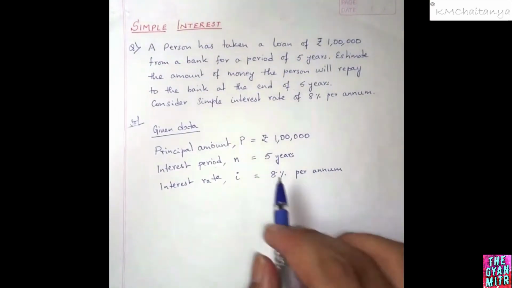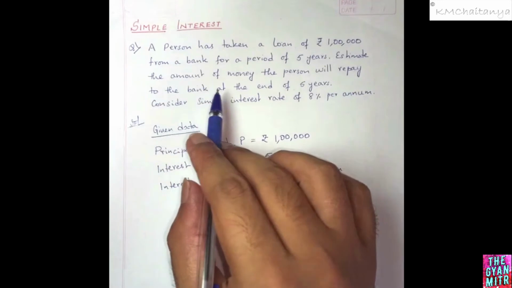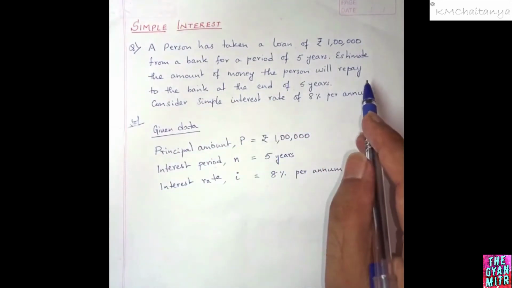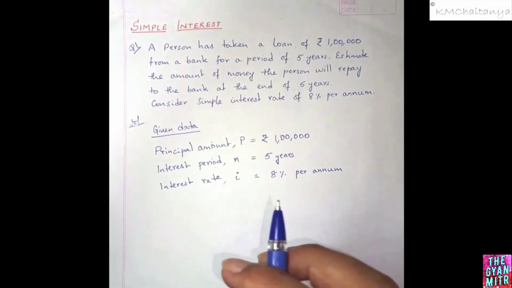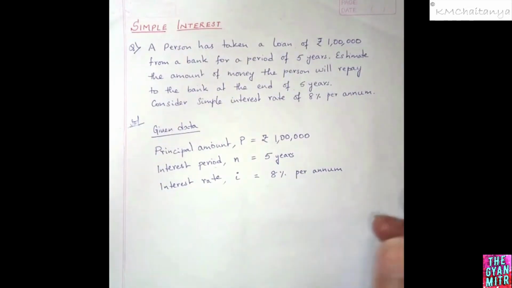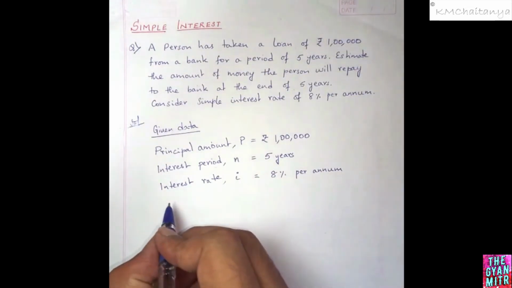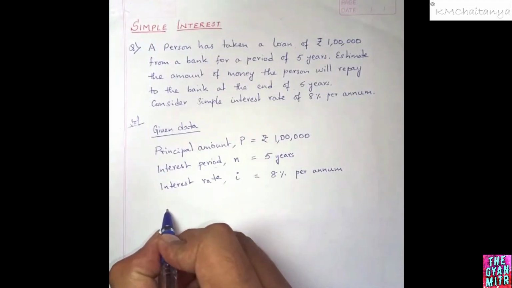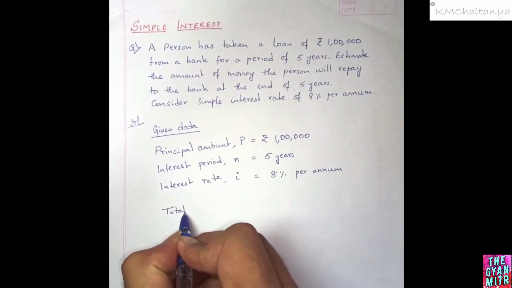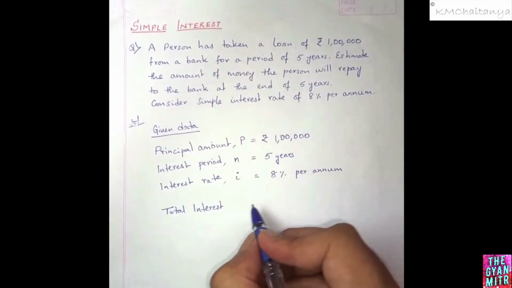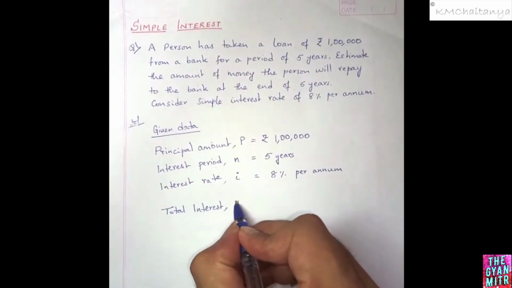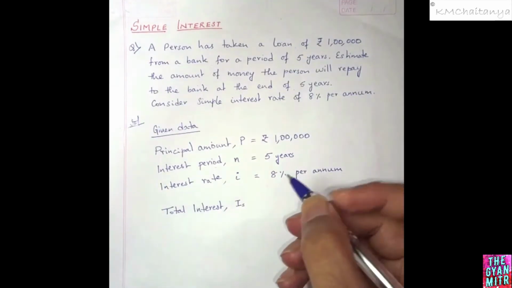Now we are supposed to determine how much he is going to repay. So first we need to determine the total interest he is going to pay for the given sum. So now we'll determine the total interest, which I'm going to denote as IS, because it is simple interest.